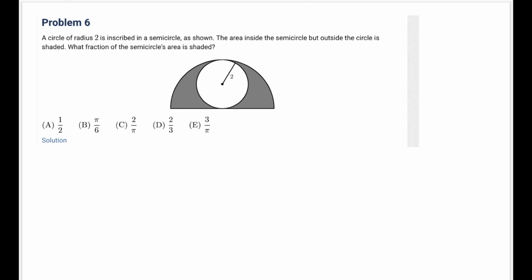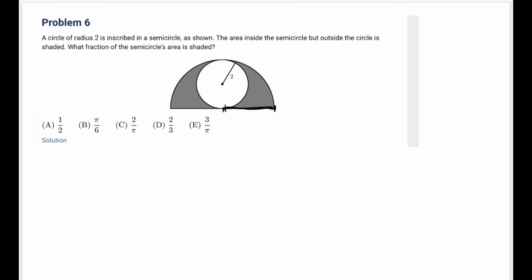Problem number 6. A circle of radius 2 is inscribed in a semicircle as shown. The area inside the semicircle but outside the circle is shaded. What fraction of the semicircle's area is shaded? So for this problem, there's only one way.